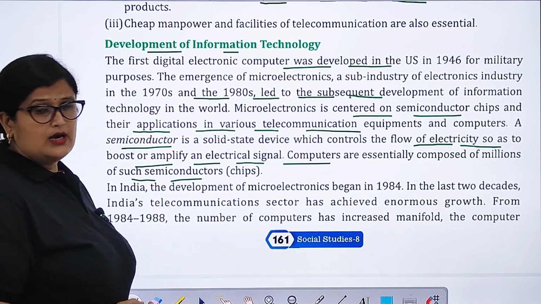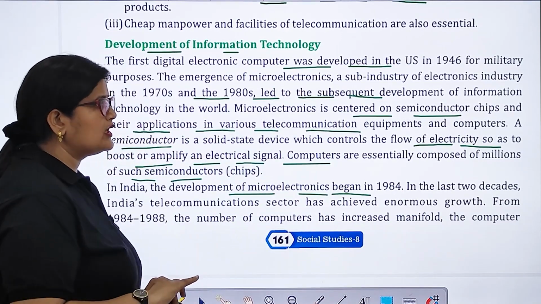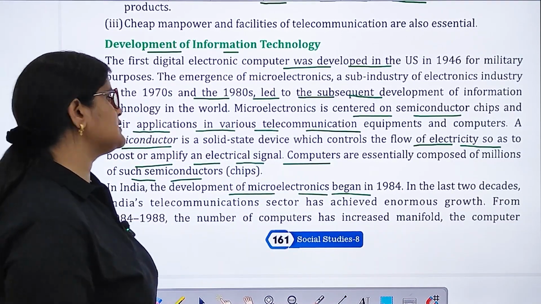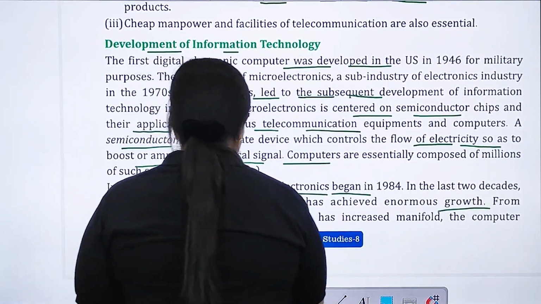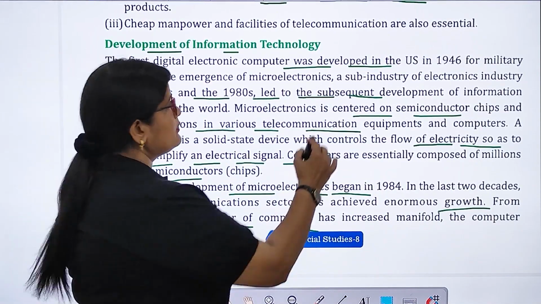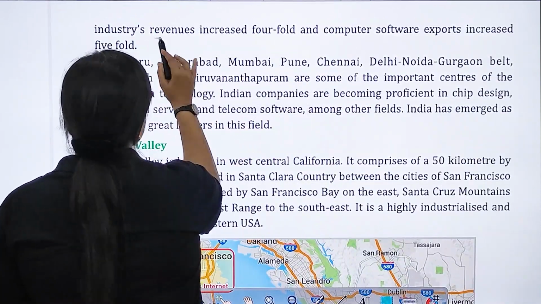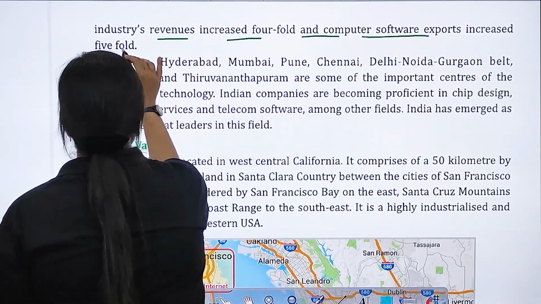In India, the development of microelectronics began in 1984. In the last 2 decades, India's telecommunication sector has achieved enormous growth. From 1984 to 1988, the number of computers has increased manifold, the computer industry's revenues increased fourfold and computer software exports increased fivefold.